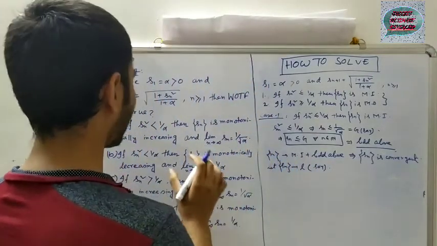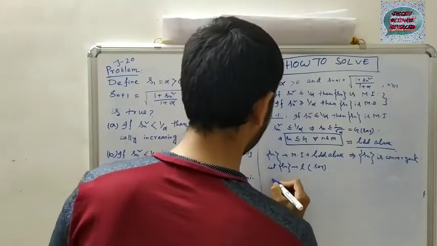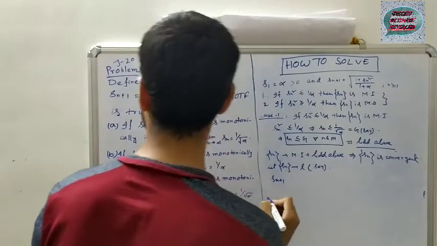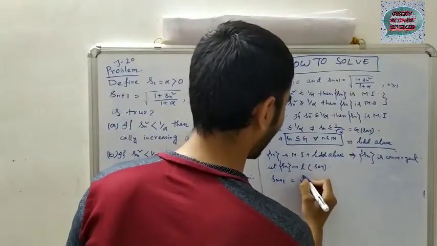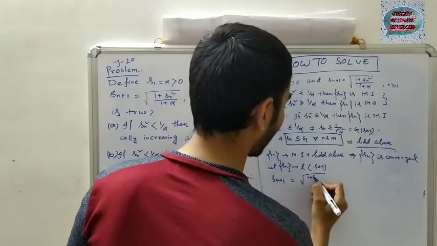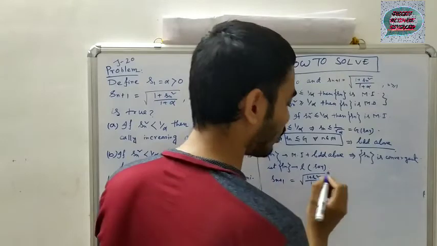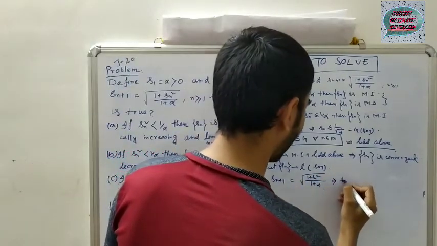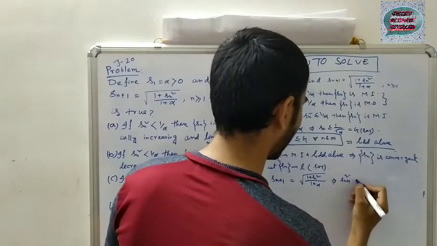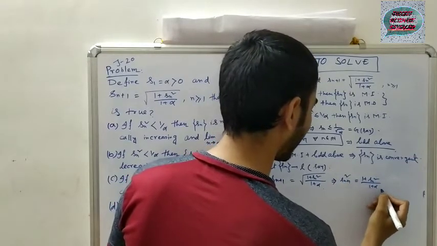Now the recurrence relation is Sn plus 1 equals root over of (1 plus Sn square) by (1 plus alpha). So squaring both sides we get Sn plus 1 square equals (1 plus Sn square) by (1 plus alpha).